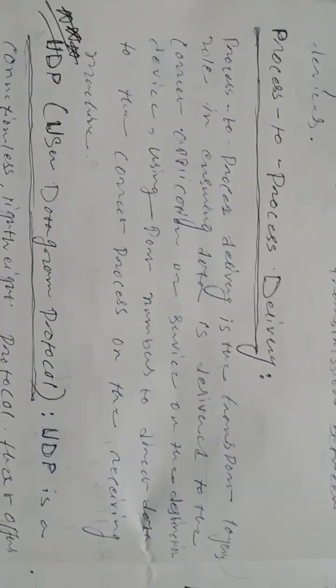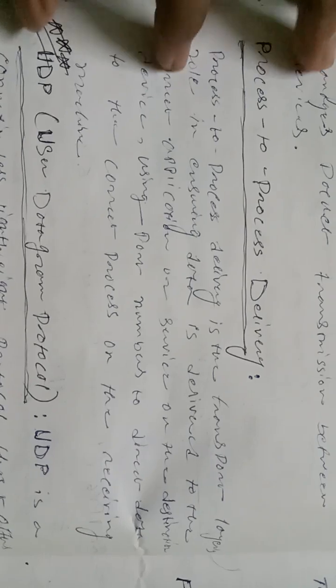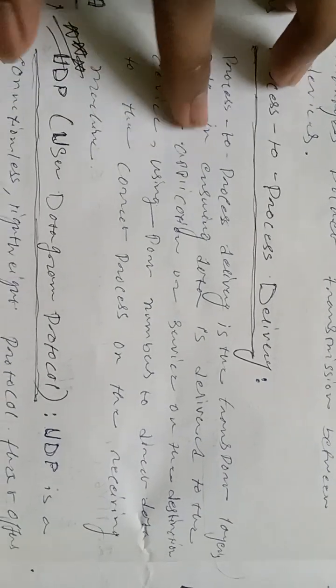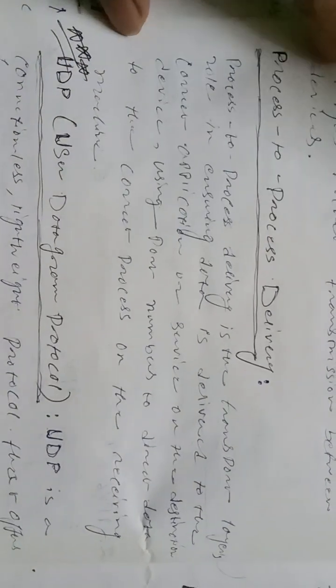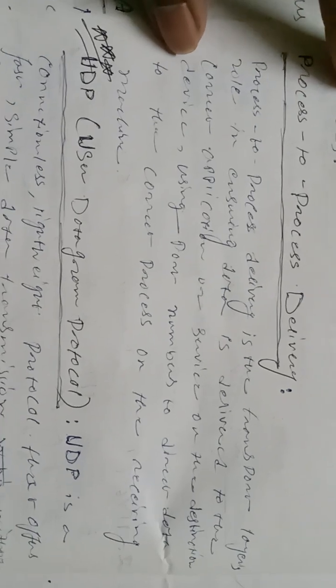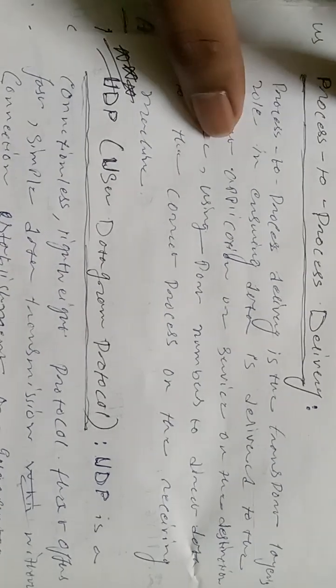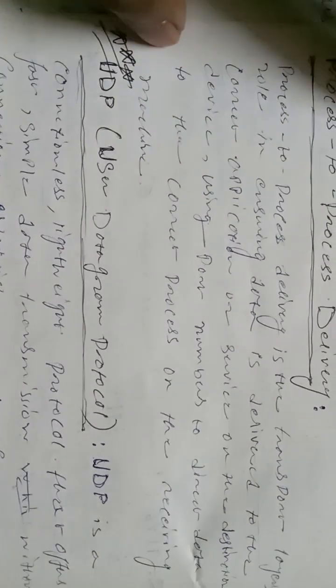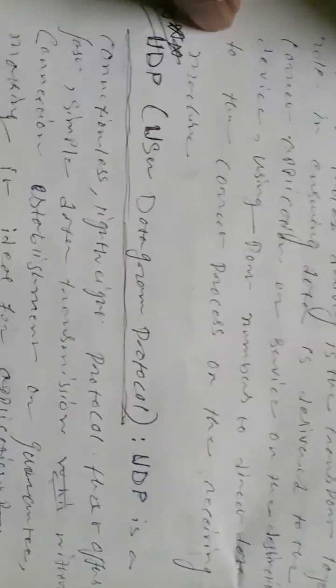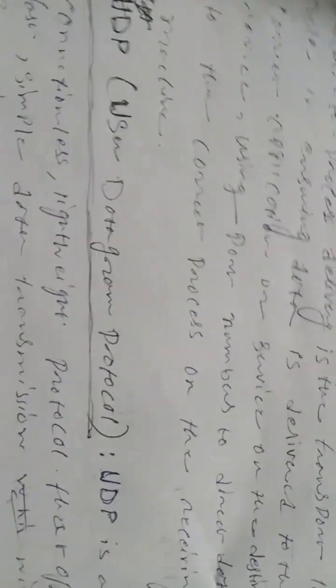Process-to-process delivery is the transport layer's role in ensuring data is received by the correct applications or services on the destination device, using port numbers to direct data to the correct process on the receiving machine.